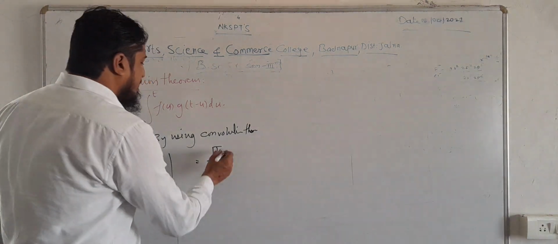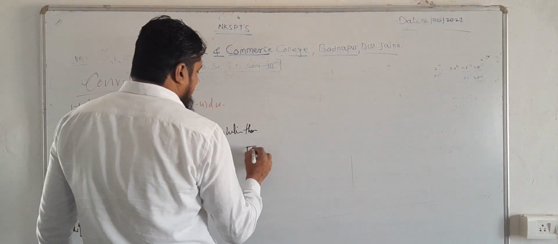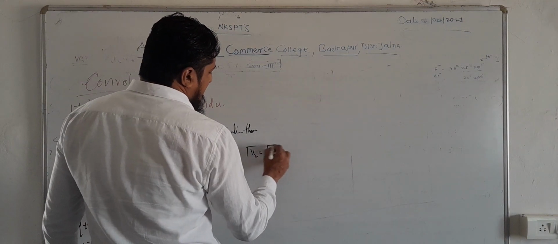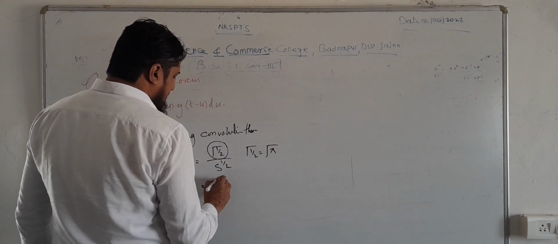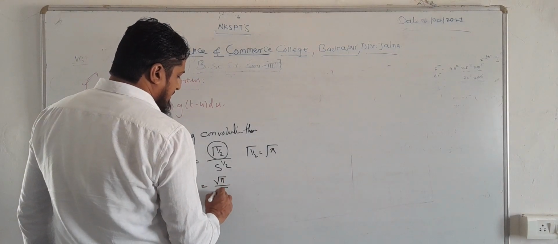We know that gamma of 1 by 2 is equal to root pi, so we will get root pi upon root s.